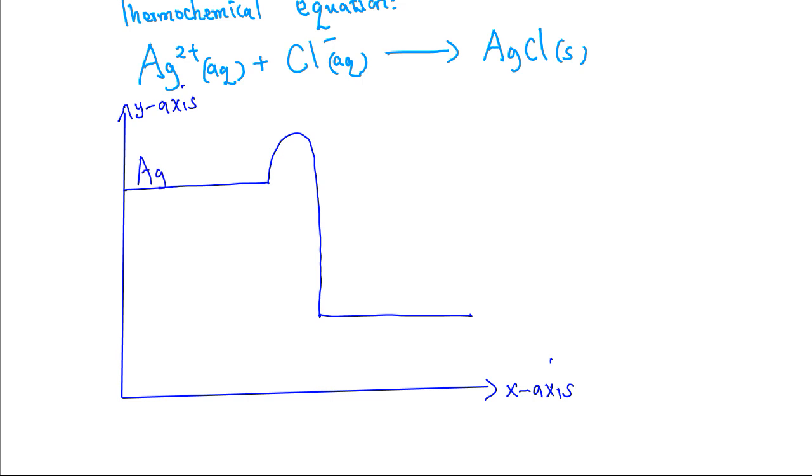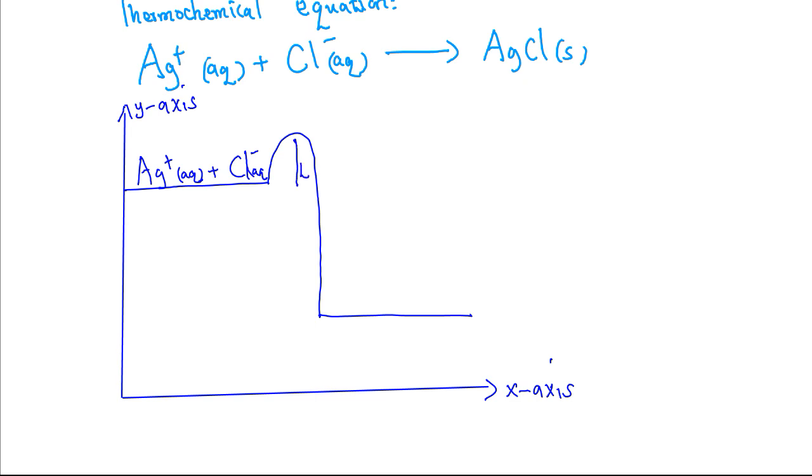So silver ion, that is Ag+, plus the chloride ion.